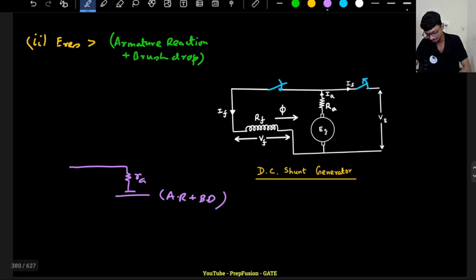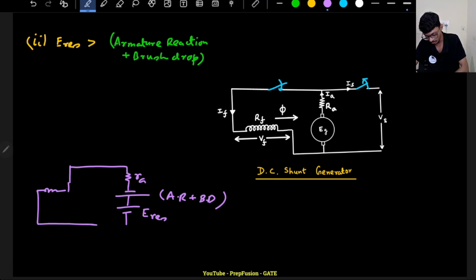So this armature reaction and brush drop is there, and then there is this residual voltage. We have assumed that our residual voltage is more than this drop. So if it is more than the drop, there will be some current, that is IA, which will be equal to IF only. IA is not equal to 0, that is IF is not equal to 0.